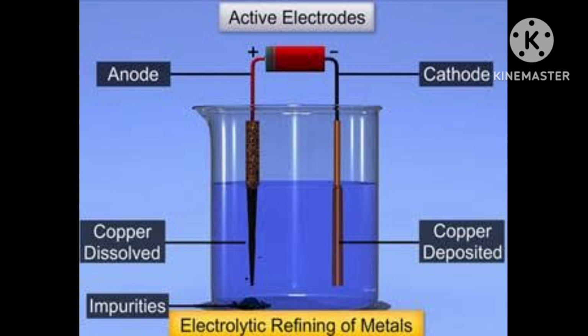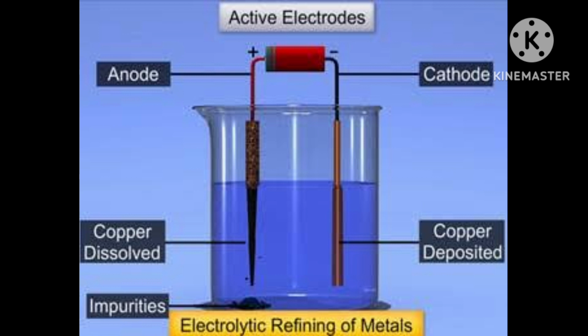Now an example I am telling you: suppose magnesium ion is in solution. Then magnesium has 2 plus, Mg 2 plus, and it requires 2 electrons for reduction to convert into solid magnesium metal: Mg 2 plus plus 2 electrons gives Mg. Aluminum requires 3.